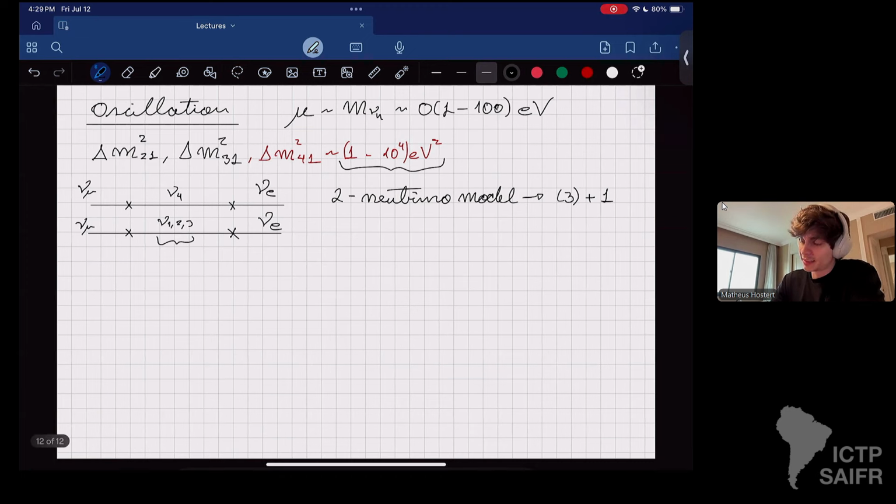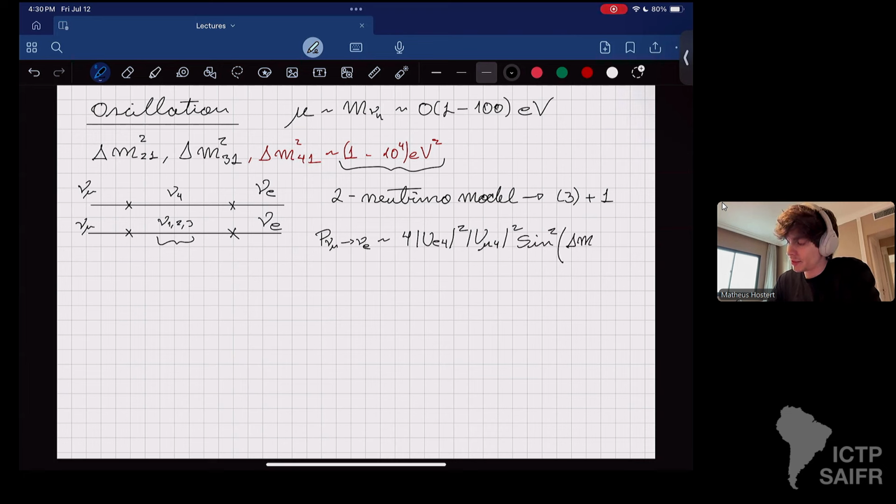That's great. It means that you can write down very simple oscillation probabilities. And in one case, for nu mu going to nu e, if we follow basically the same rules that Pedro taught us about neutrino oscillations, you can convince yourself that this looks like UE4 squared, U mu 4 squared, times sine squared of delta m squared 3, 4, 1, L over E. So you can understand these two factors.